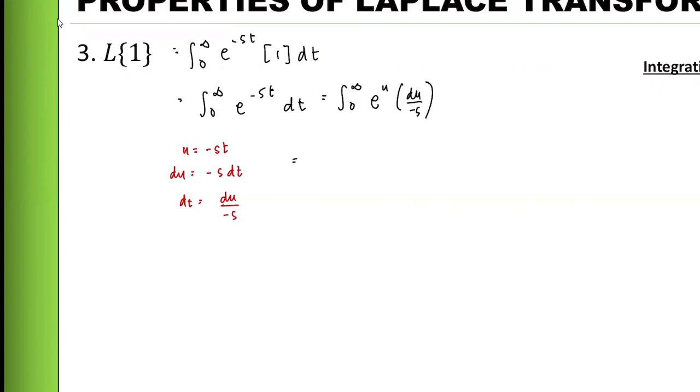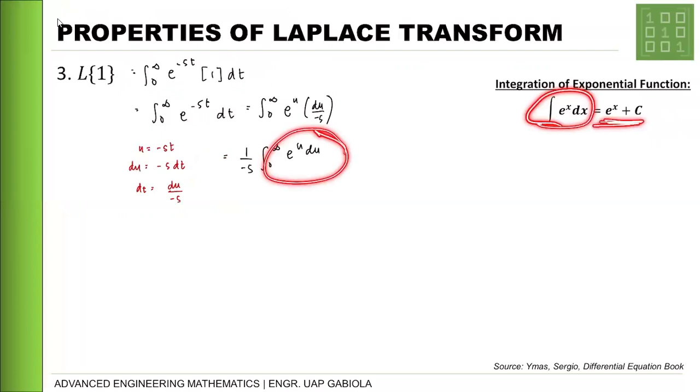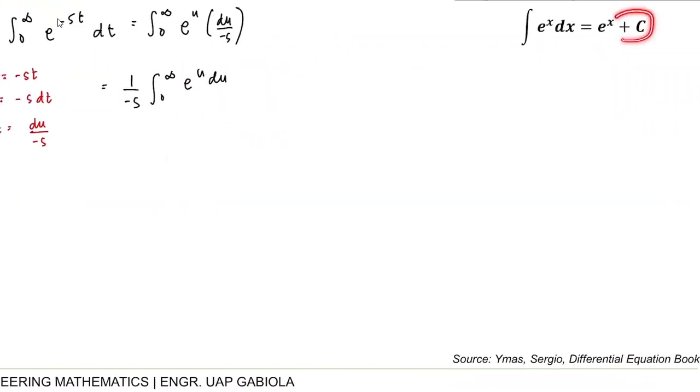So what we can do is factor out yung ating coefficient na to. Okay? So 1 over negative s, integral 0 to infinity, e^u du. So once na ito ay confirming na dito, we can assume na equal siya sa e^x plus c, or since this is a definite integral or an integral na meron tayong limits, hindi natin kailangan maglagay ng plus c.